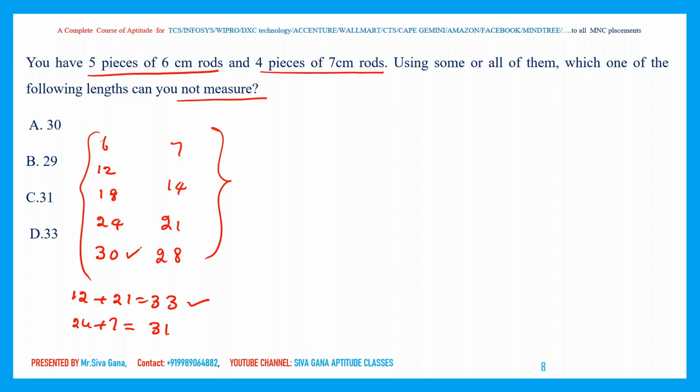You can directly measure 30. So the answer we are looking for is 29. This length we cannot measure using these rods.